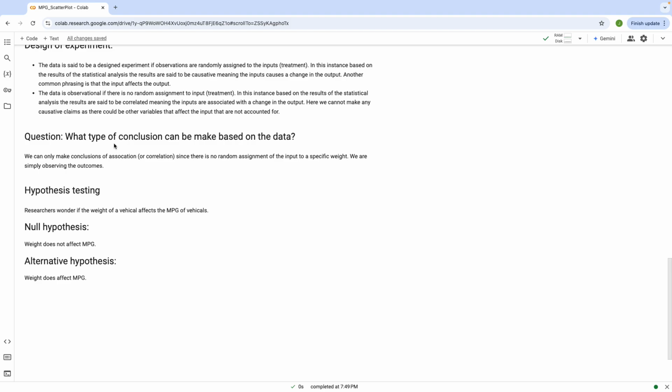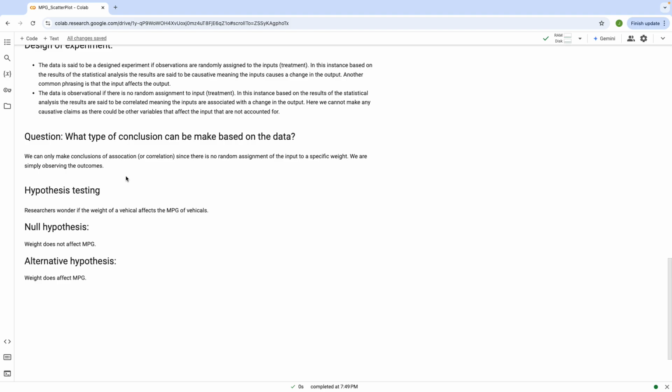In this case, it's that weight does not affect miles per gallon. The alternative hypothesis is that weight does affect miles per gallon, and that's a statement of an effect. That's what you want to establish, or a statement of inequality. You'll have more examples of this later on.